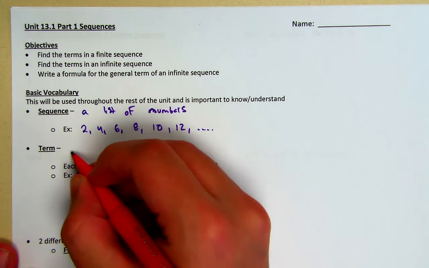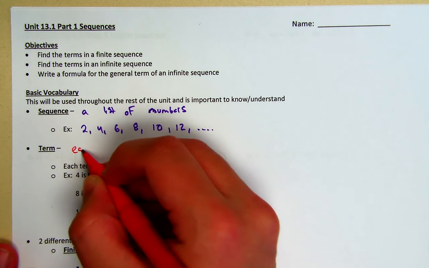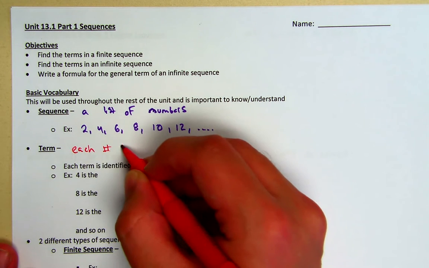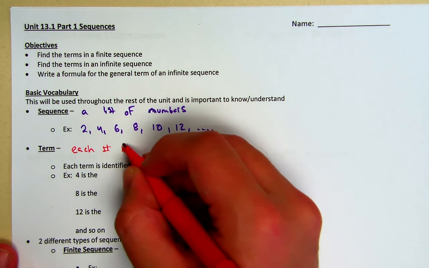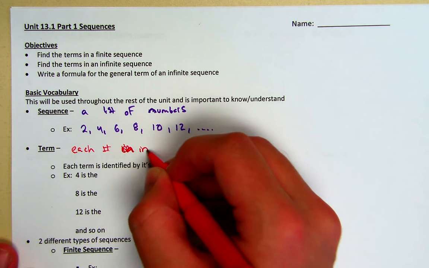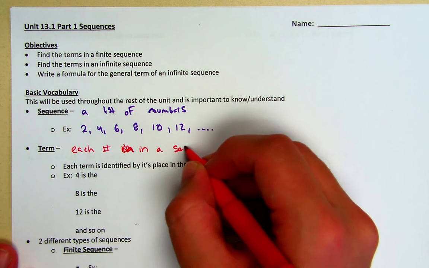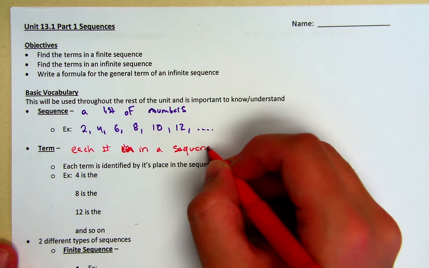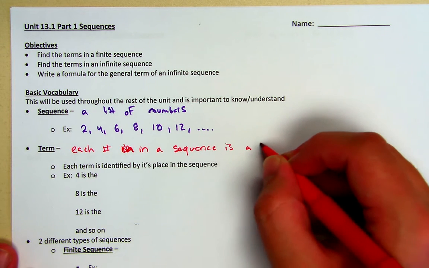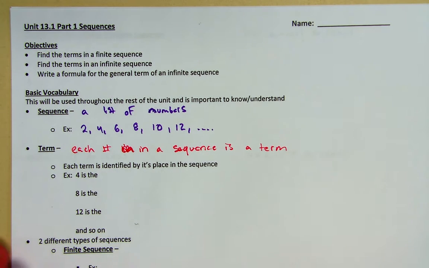What is a term? Well, a term is each number in a sequence. So every number, 8 is a term, 2 is a term, 4 is a term.